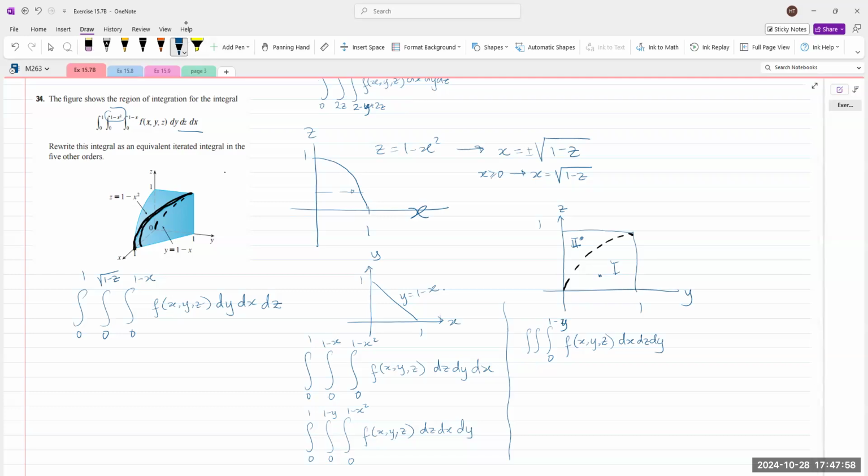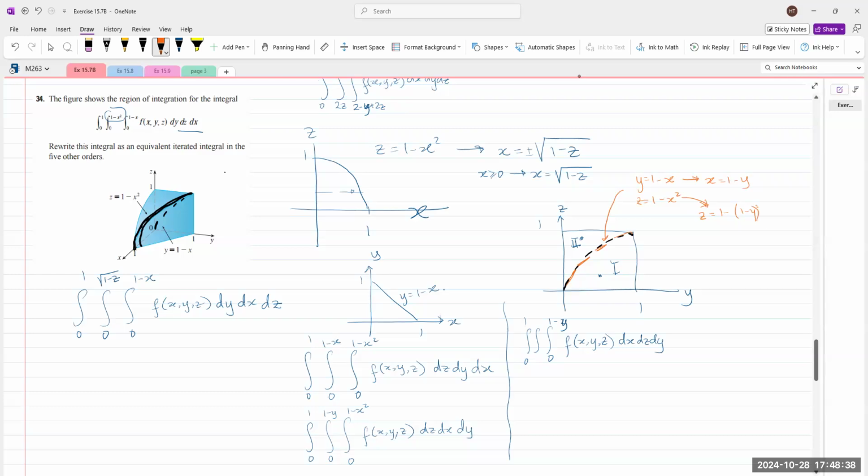Now, then the y will be from 0 to 1, but we need to find this intersection here. How do we find this intersection? This is the intersection of y equals 1 minus x and z equals 1 minus x squared. So x is 1 minus y, therefore z equals 1 minus y squared.